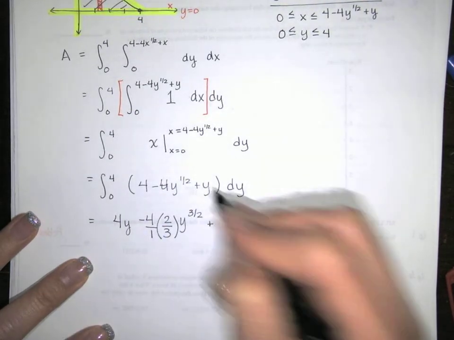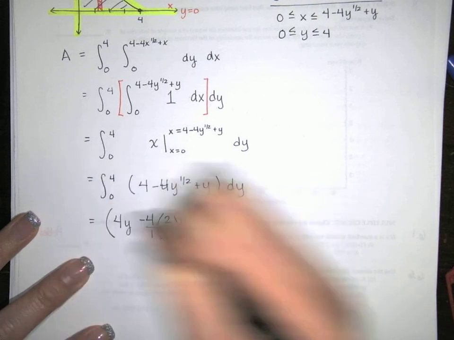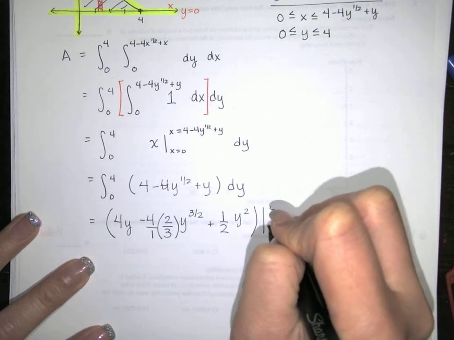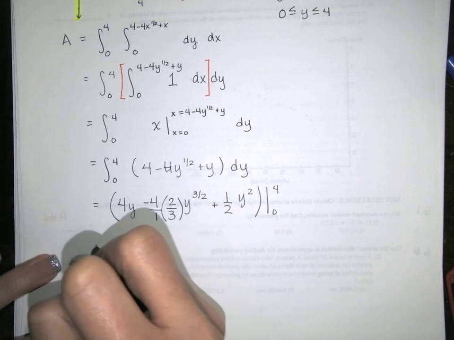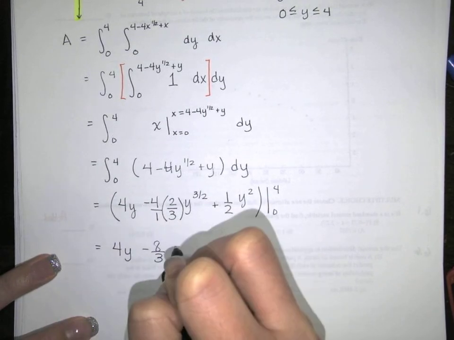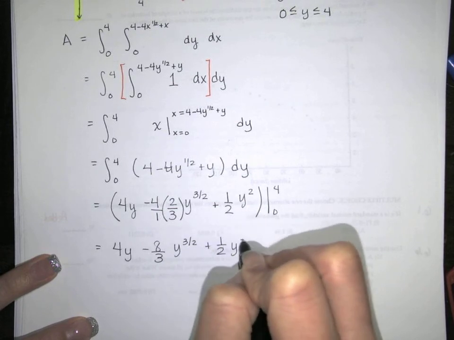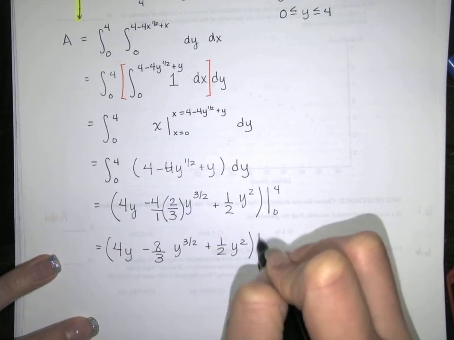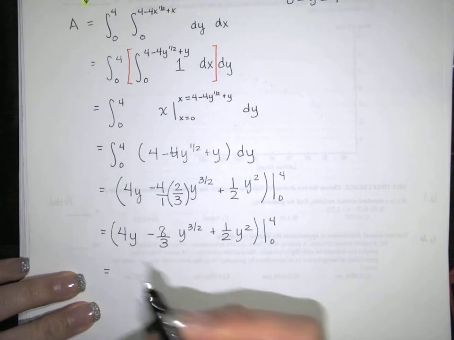And then over here, add 1 to the exponent and divide by the new exponent. Substitute in 0 and 4 and subtract. And so we've got 4y minus 8 over 3 times y to the 3/2 plus 1/2 y squared. Just simplifying, evaluated from 0 to 4.